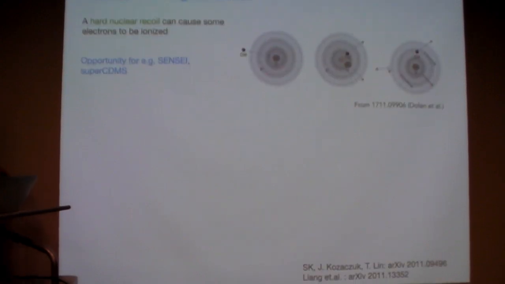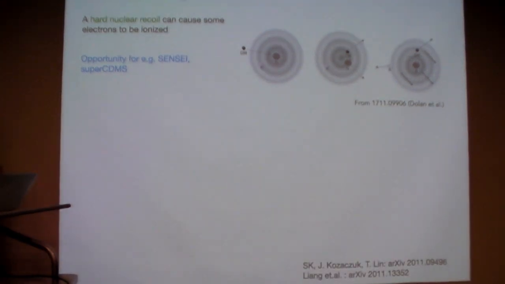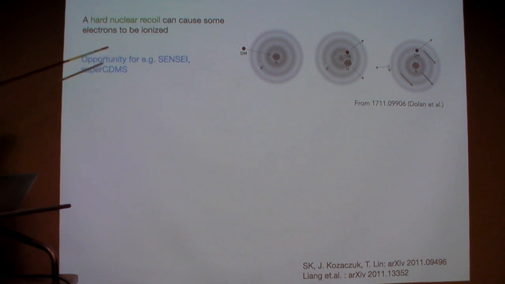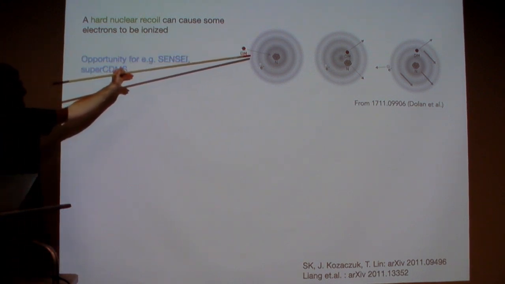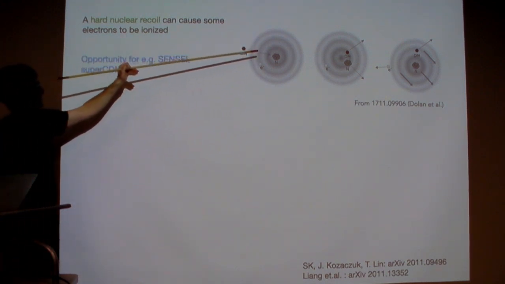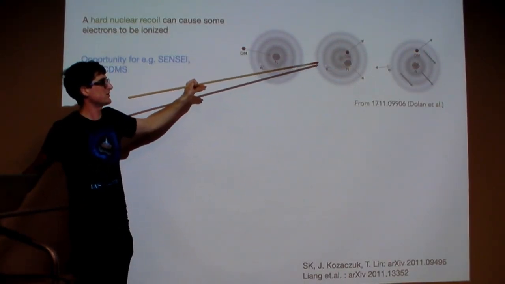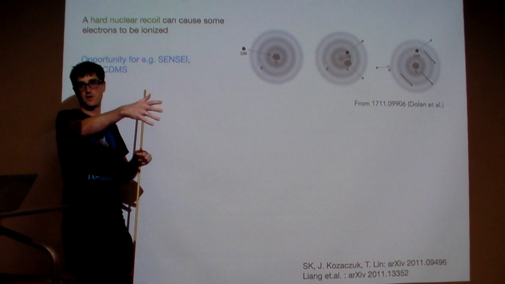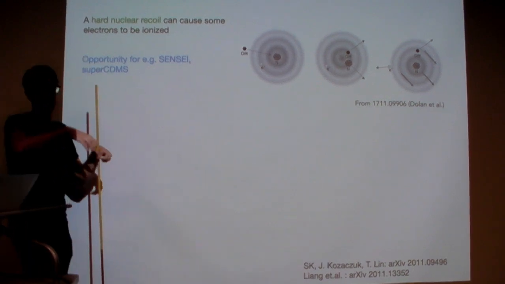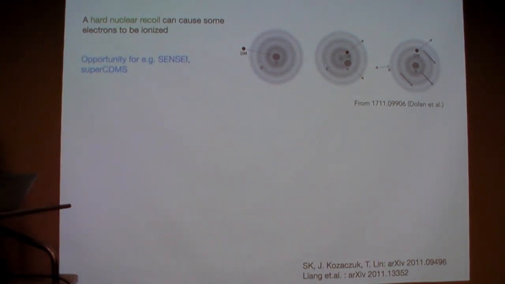So the final thing, and again, I'm not going to talk about this in any detail at all, which I think is very cool, is what you can also have if you have a nuclear recoil: your dark matter interacts with nuclei, and the nucleus is kicked out, but it creates an electrostatic perturbation that kicks out an electron, either from its shell, if you're an atom, or from the valence band to the conduction band.